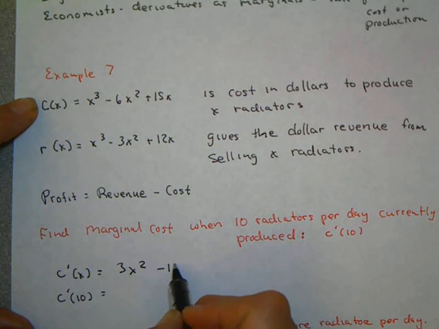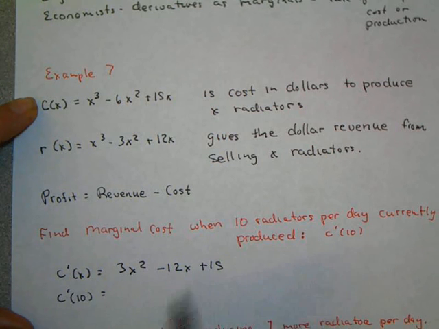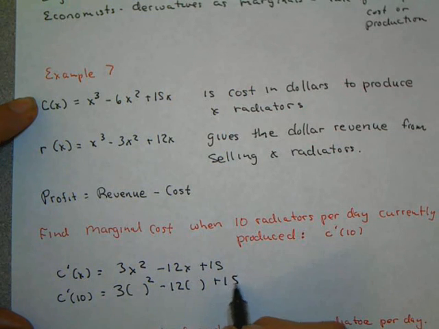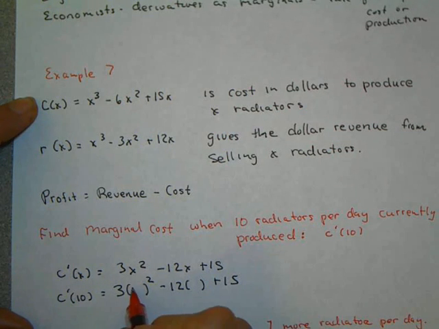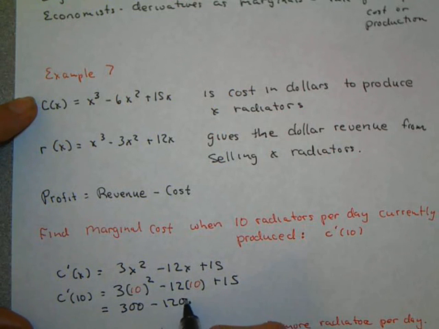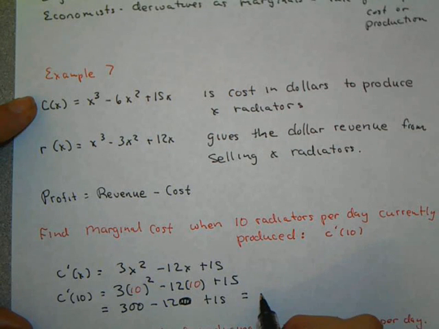So the marginal cost, well, the first thing I do is I look up here at C and I take the derivative, 3x squared minus 12x plus 15, and then I put in a 10, because that's how many radiators we're currently producing, into the derivative function, and I've got 300 minus 120, plus 15.